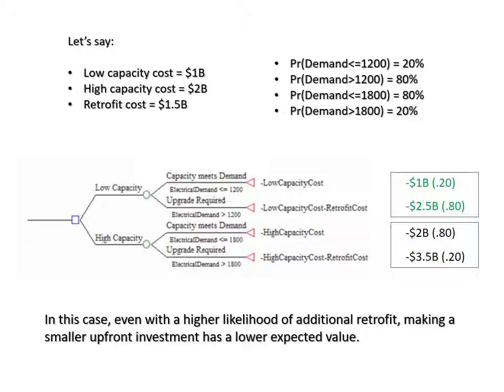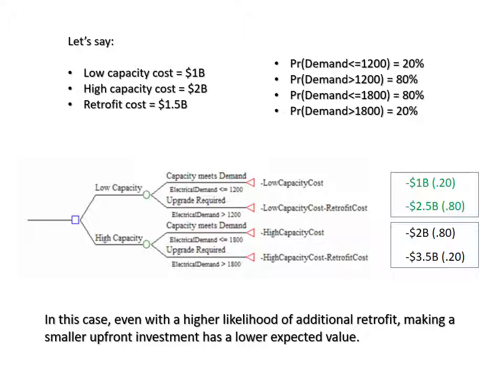So let's say that the low capacity capital cost is $1 billion. The high capacity capital cost is $2 billion. The retrofit cost is $1.5 billion. That reflects the fact that planning ahead and building capacity ahead of time is generally cheaper than waiting until the last minute.